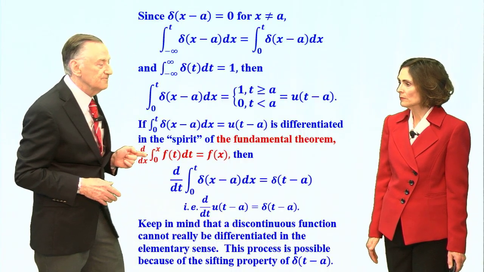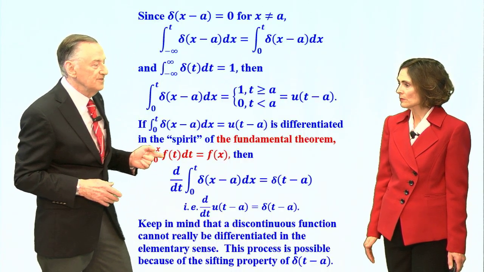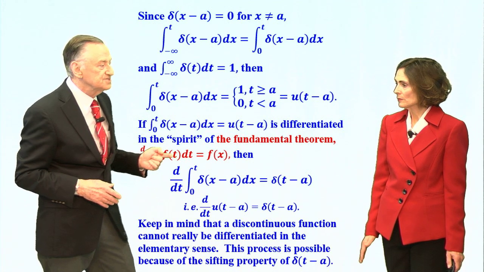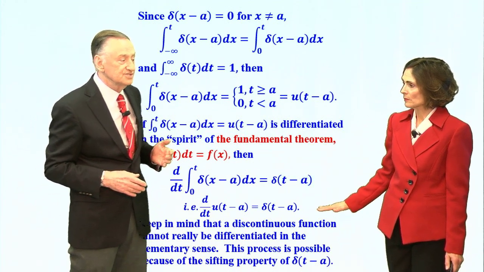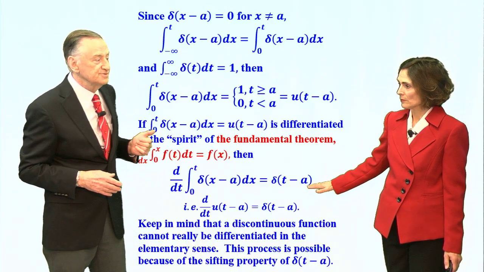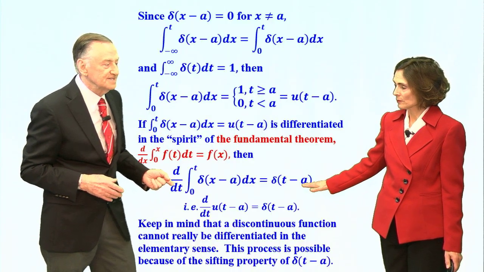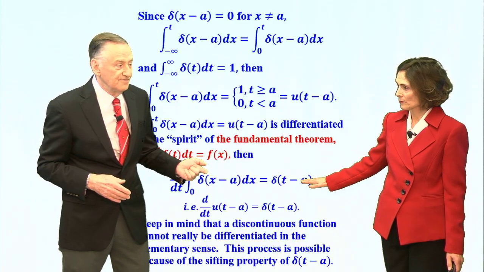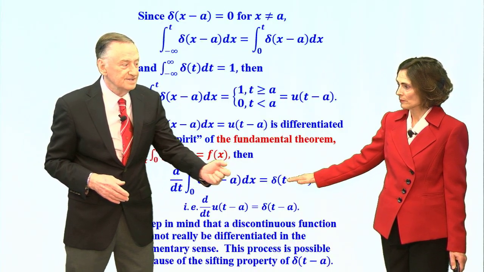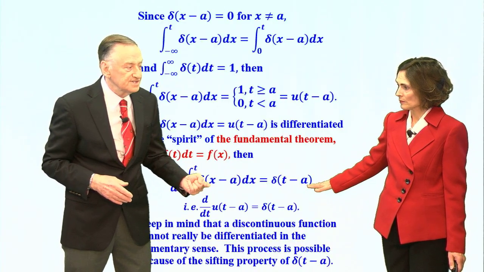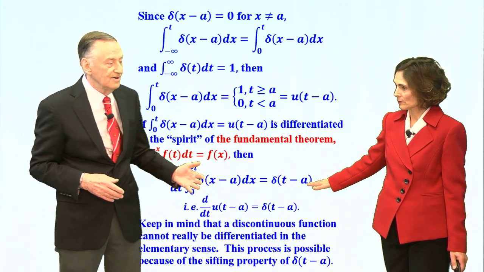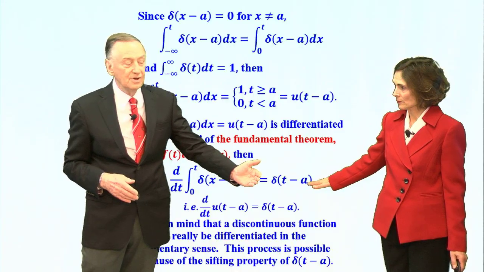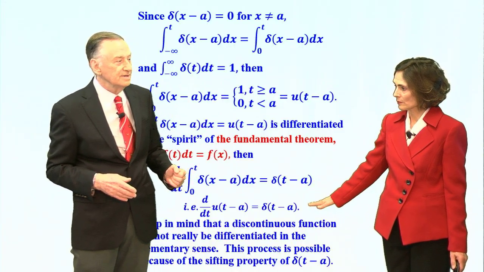And what do we do with the fundamental theorem there? Well, we could find the derivative simply by replacing this t with the x that you see right here, and we get f at x. So if, instead of the derivative with respect to x, we have the derivative with respect to t of the integral of delta of x minus a dx, we can replace the x here with the t, so that the result is delta of t minus a.